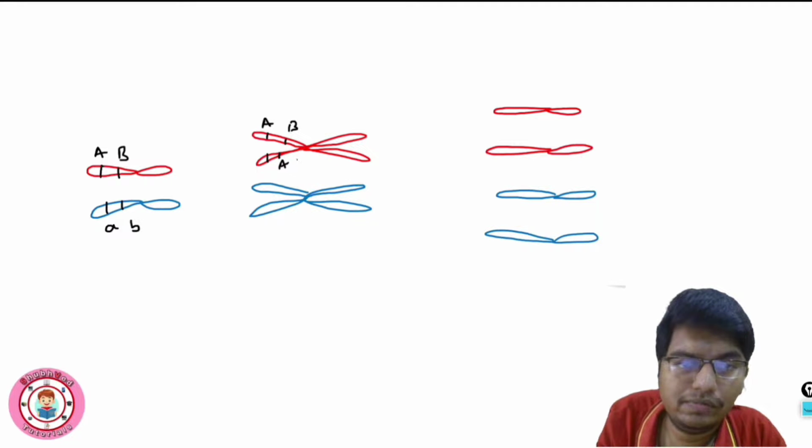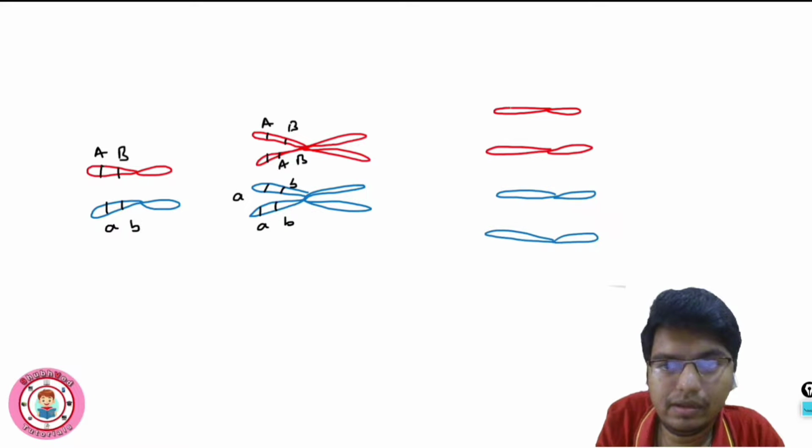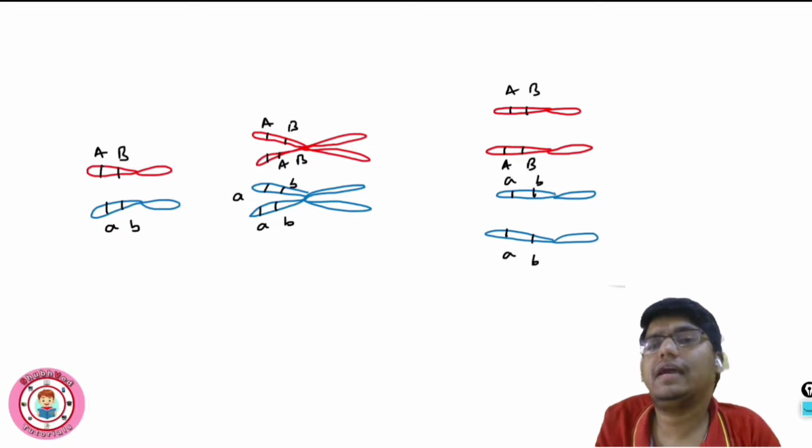Okay, so these are linked genes, and then they will segregate and form the gametes. So these are the gametes formed.